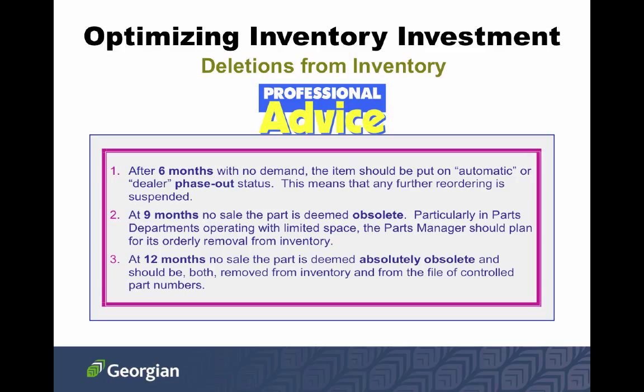This means that any further reordering is suspended, and that, in fact, as I mentioned previously, is the typical system default setting. What happens is that it suspends ordering, it puts that part number into a separate category that continues to be printed out every month as phase-out parts, automatic phase-out parts, and reordering is suspended, and it'll stay in that category of phase-out parts until the quantity becomes 0.